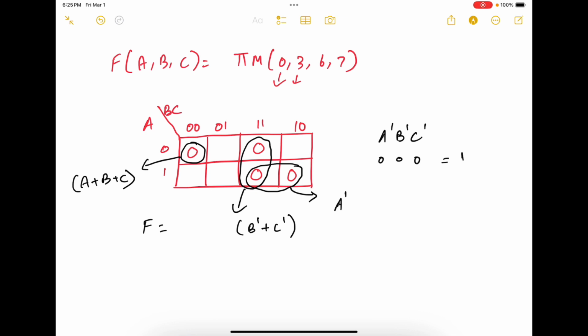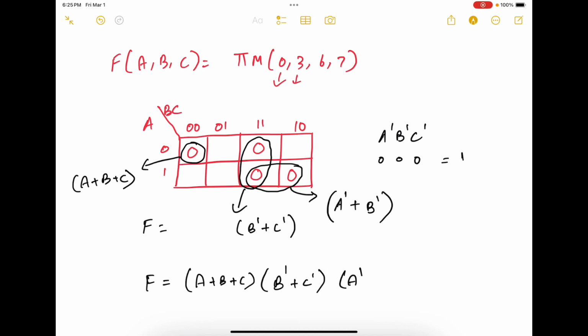So that's A prime, or B is the common term. B equals to 1 is the common term, in fact. So we write B prime. So your F equals A or B or C, and B prime or C prime, and A prime or B prime.